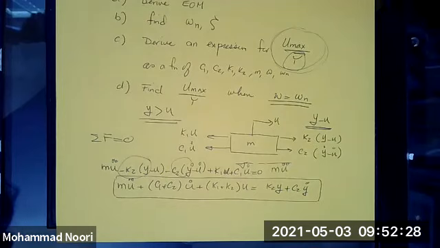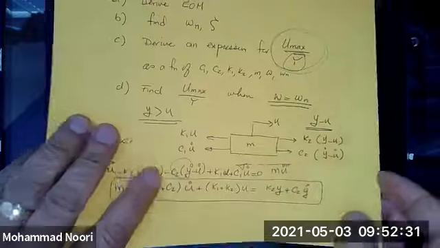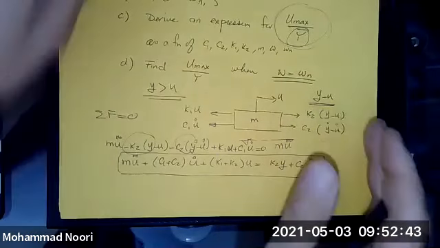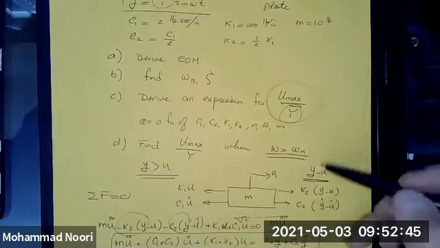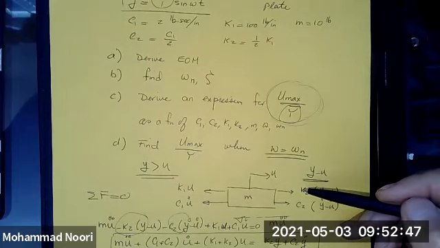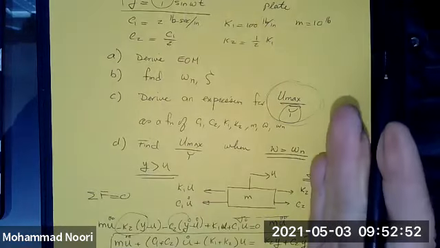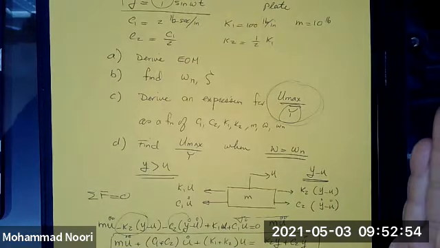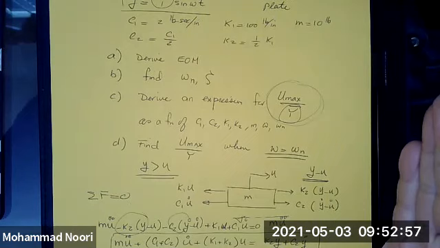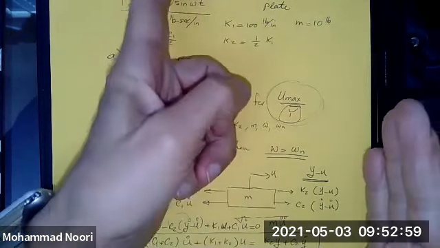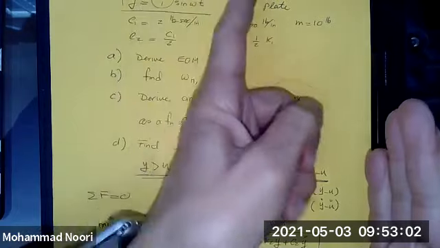Any questions? Quick question: can you expand on why you have K2 and C2 forces going to the right? Because we're assuming that y is greater than u. In other words, this plate is being stretched by y, but u is also moving at the same time.